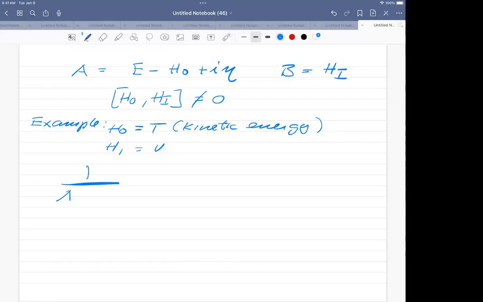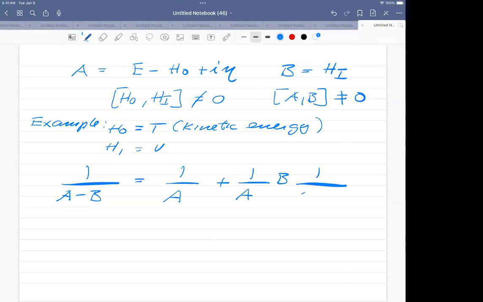So there is an operator relation, which is very useful and which you have seen before. So we can actually rewrite that in terms of, so these are two operators. So when this is the case, it means that A and B also do not commute. So this relation is a very useful one because it simply says that we can rewrite this in terms of these relations here of A minus B. So when we looked at Brillouin-Wigner perturbation theory, we could actually rewrite it in terms of a compact operator relation.